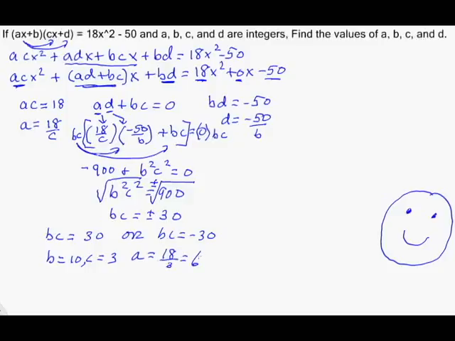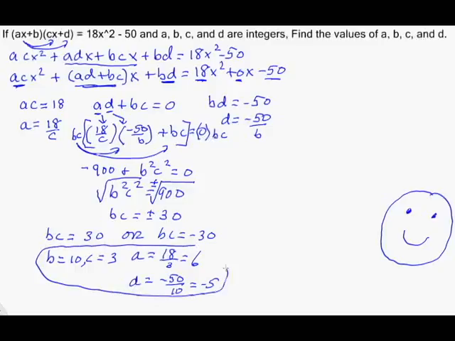And then you can get your D. Remember, D is negative 50 over B. So D then would be negative 50 over 10, and that's going to be negative 5.